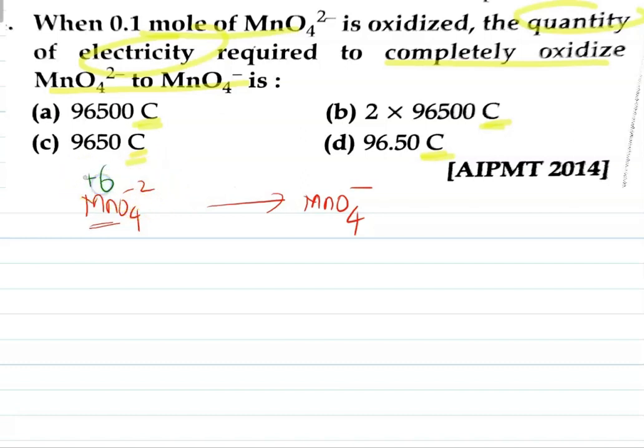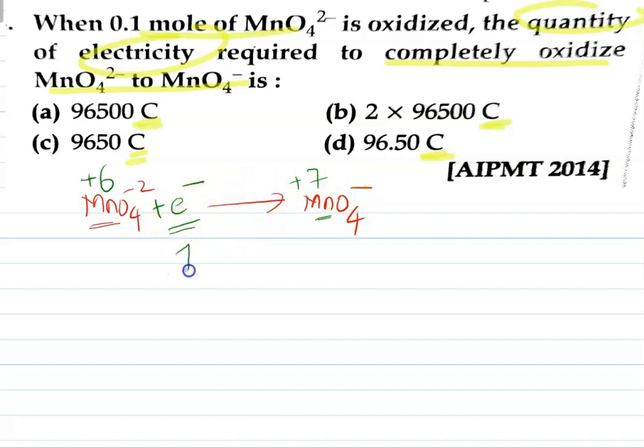So the oxidation state of manganese is 6, whereas in MnO4- it is 4 into minus 2, minus 8, and overall minus 1, so it is 7, right? The manganese oxidation state went from plus 6 to plus 7, that means there is a loss of 1 electron. To convert MnO4 2- to MnO4-, you require 1 electron.